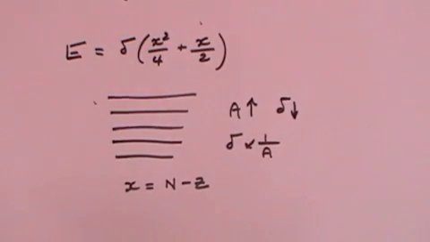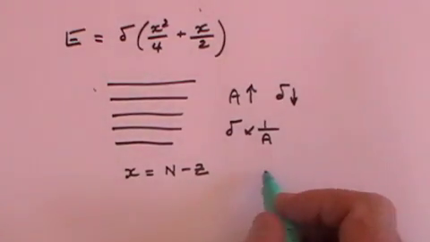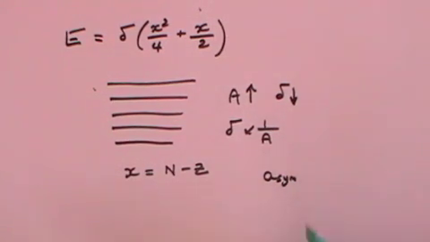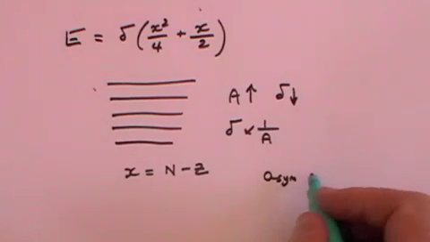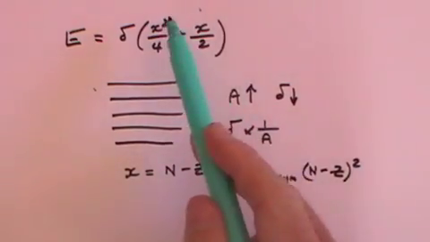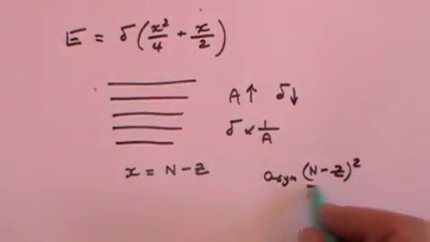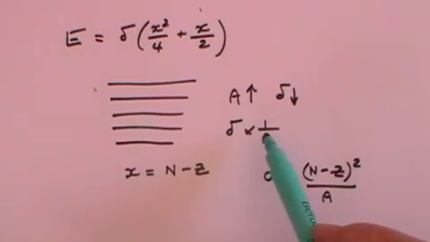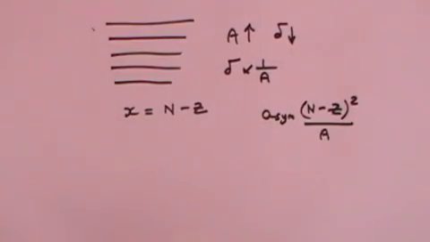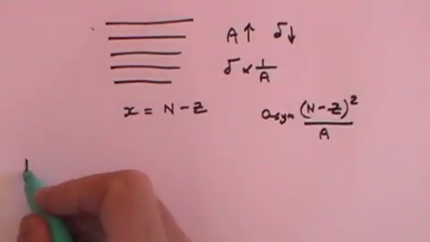So essentially the correction term we're going to need here is a constant, which we'll call the symmetry constant, times (N minus Z) all squared, which is essentially this x squared term, divided by A, which is essentially the delta term. And now I'll rewrite our binding energy formula, starting over here.